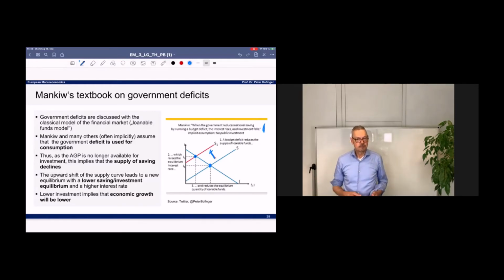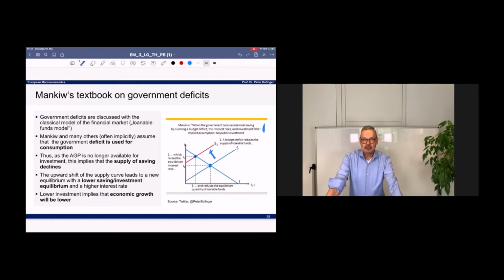And so in the German Bundestag, there was a very large majority in 2009, and they decided we will have this in our constitution. So it's quite interesting. I must say, I don't believe that the members of parliament have all read Mankiw's textbook, definitely not.